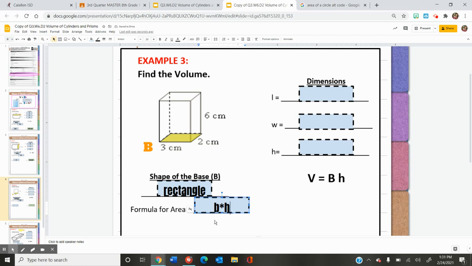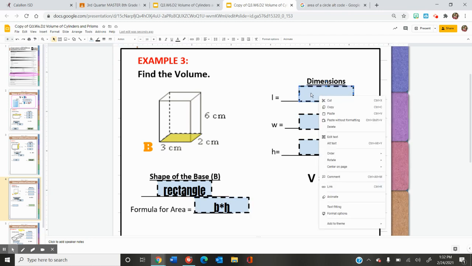Now, little b you can also think of as length, or you can also think of this as length times width. So just the base and the height of your base shape. Think of it like a triangle. Okay, but we're going to talk about the dimensions first. So here, the length is going to be, we can do 3 as our length.